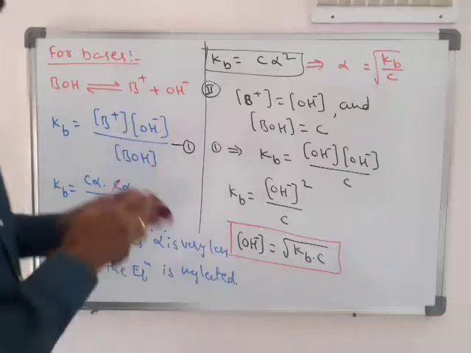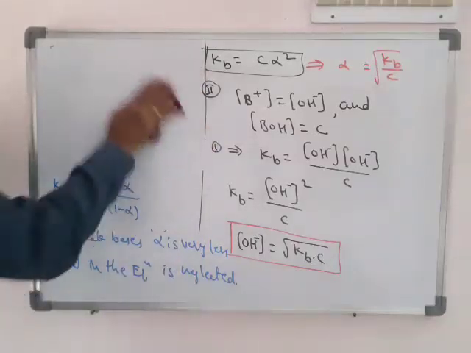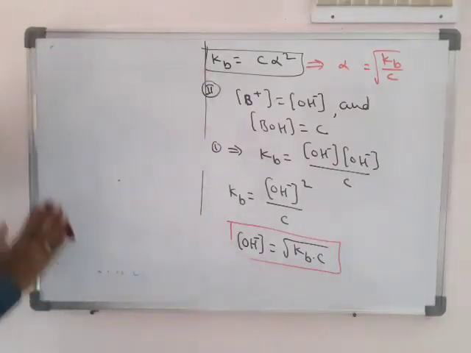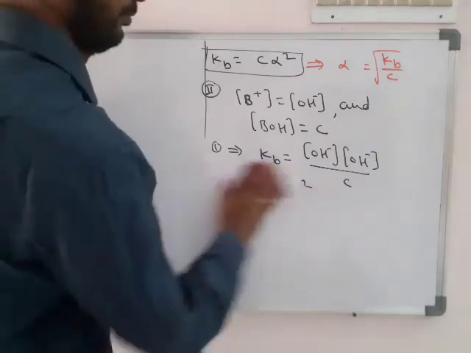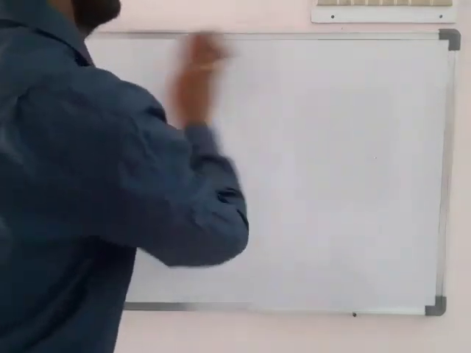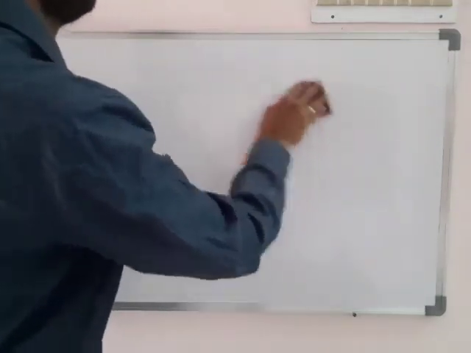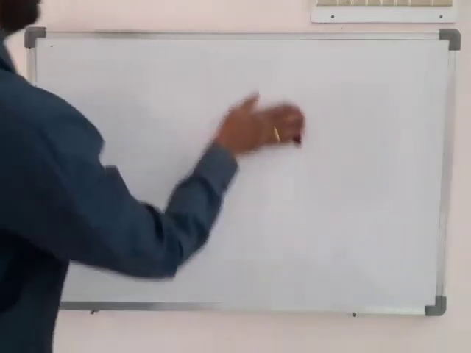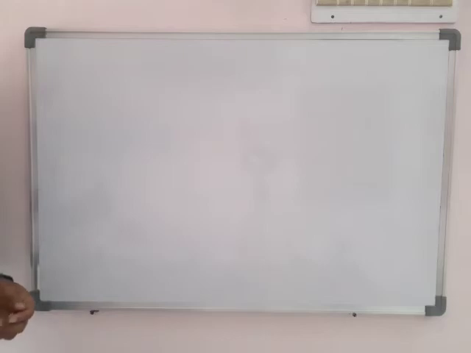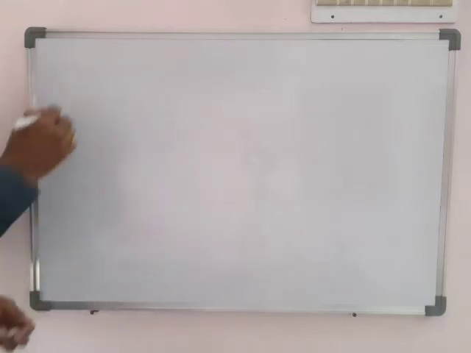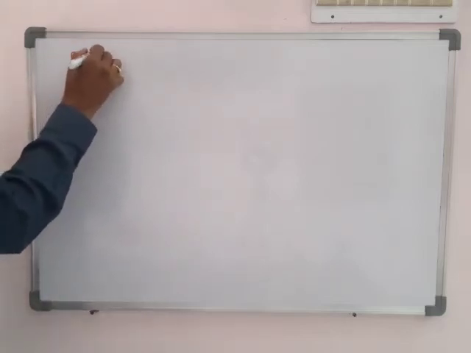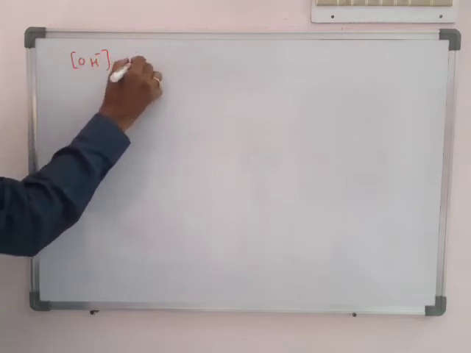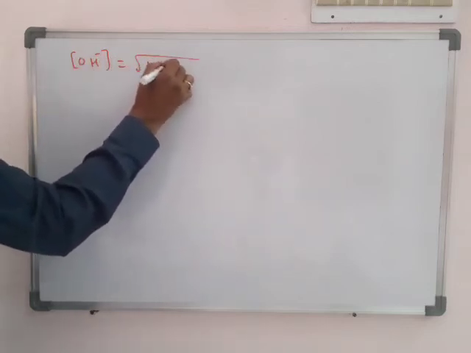So we got the formula OH minus equal to root Kb into C.